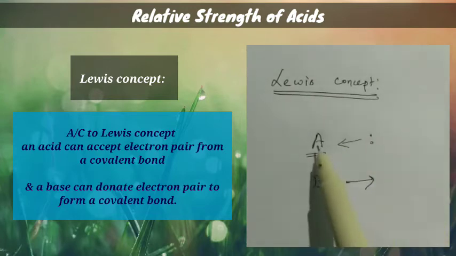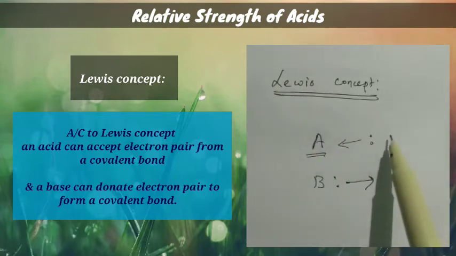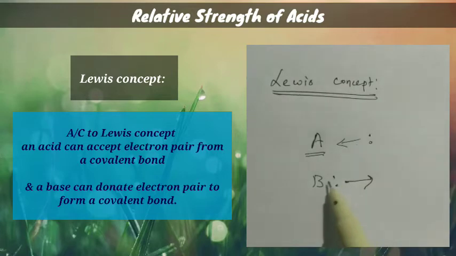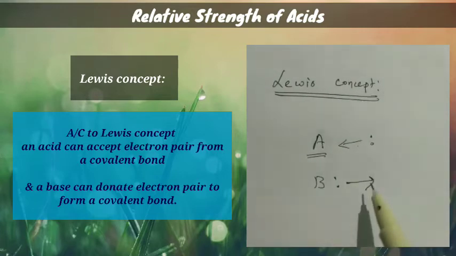So the acid will accept an electron pair, and the base will donate an electron pair to form a covalent bond.